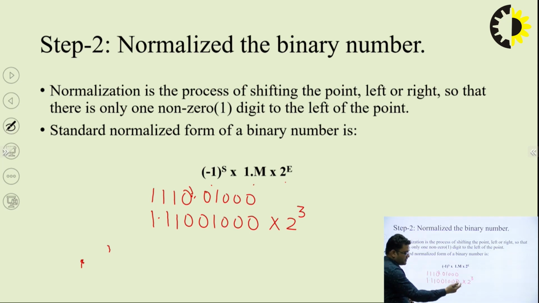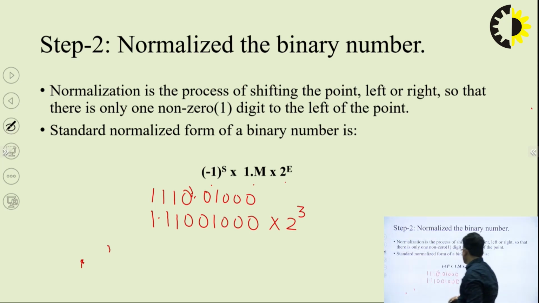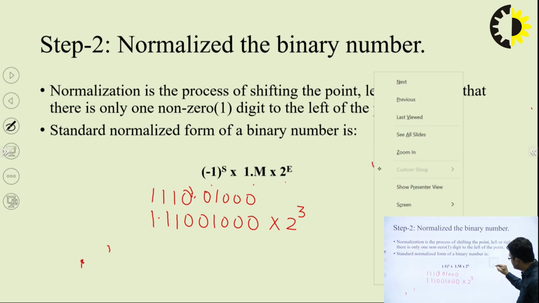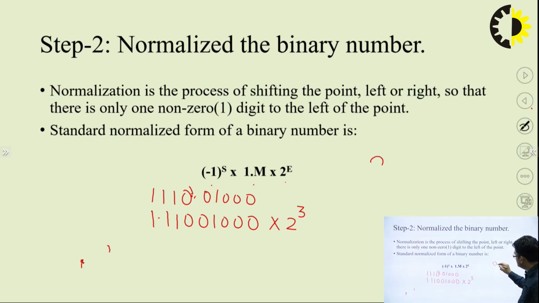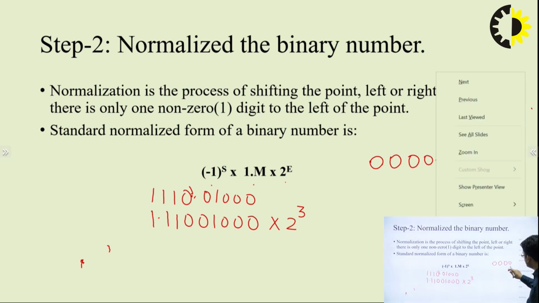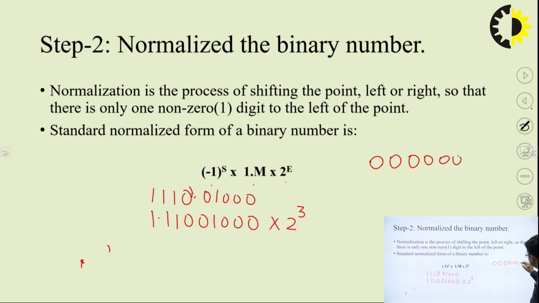If we shift the point towards the right, let's take another example in which we need to shift the decimal point towards the right. Say we have a number 0.0010, and suppose we have the point position over here.